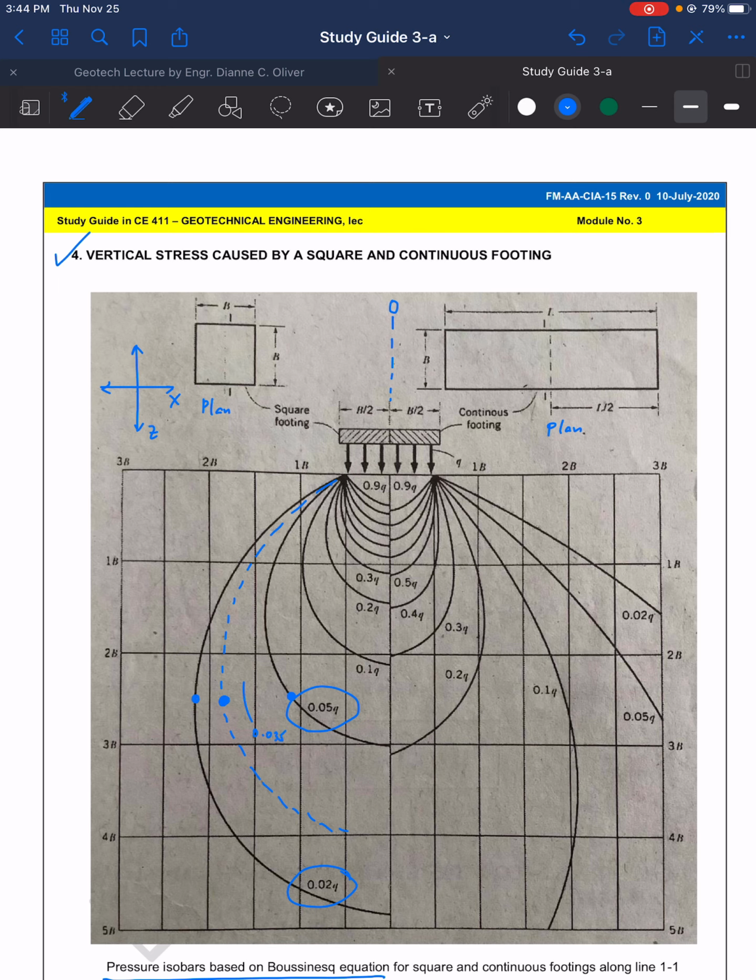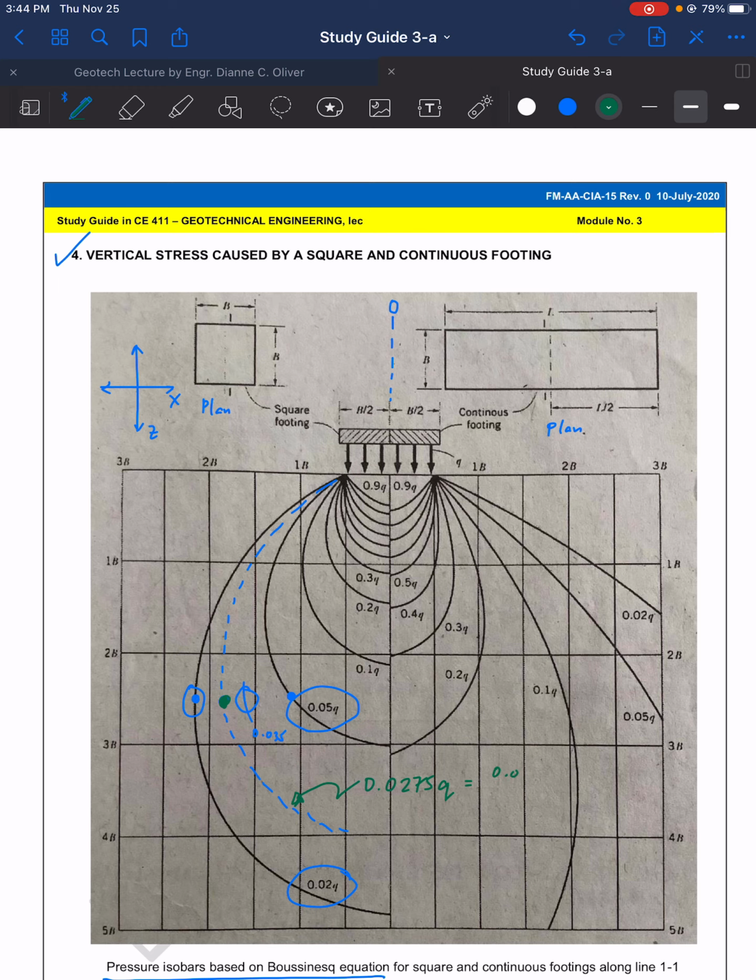So what is in between 0.035 and 0.02? If this is 0.02 and this is 0.05, what is in between them? So that becomes 0.02 plus 0.035 divided by 2. Therefore, we can estimate that this curve to where our point is equal to 0.0275 Q. So again, how do we get 0.0275 Q?